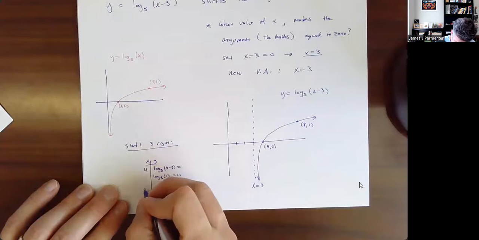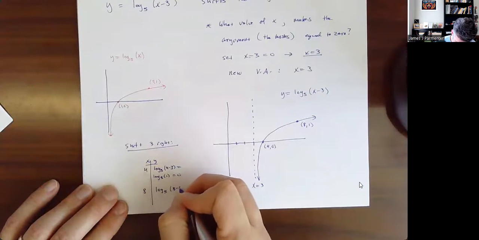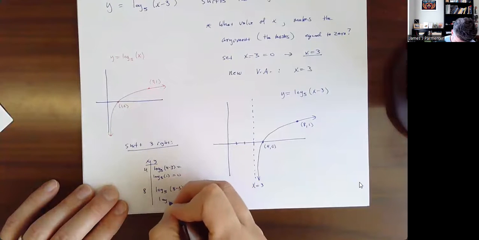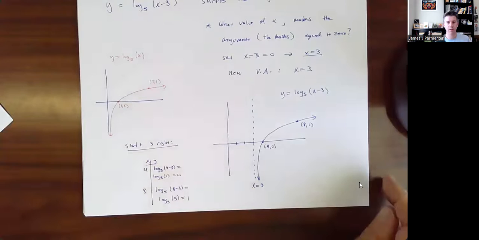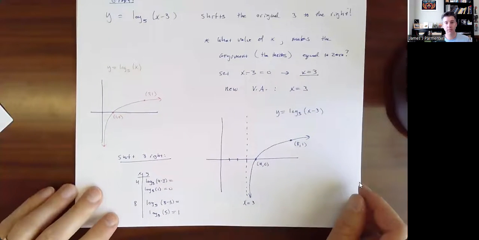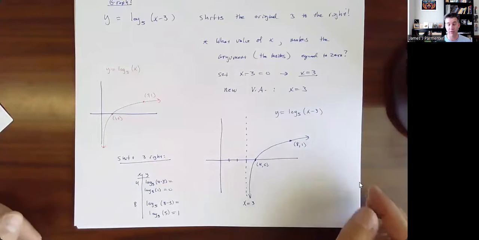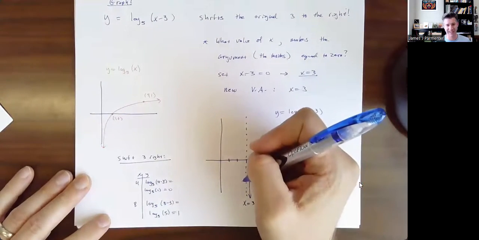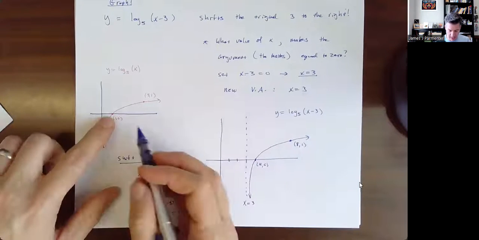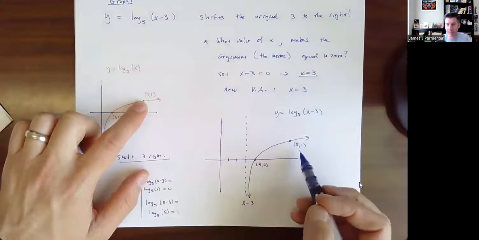And if I plug in 8, log base 5 of 8 minus 3 is log base 5 of 5, which is 1, because 5 to the 1 equals 5. So that's what's happening here. We're shifting 3 to the right, and everything gets shifted 3 to the right. The vertical asymptote, the x-intercept, and the other point we drew all get shifted 3 to the right.